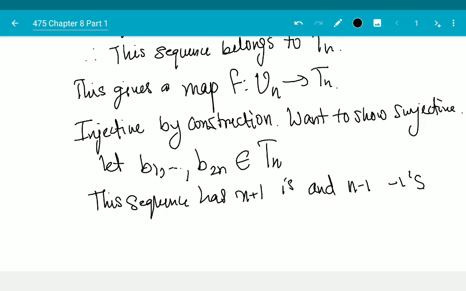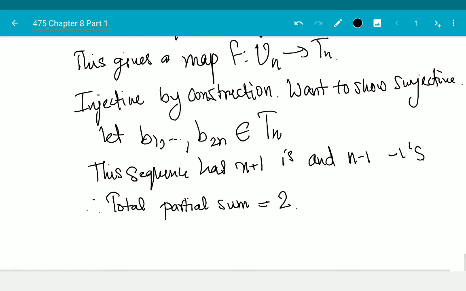So the total partial sum is equal to 2, right? So what we want to do is, as I was saying when we created the map, when I'm inverting, the first time that my partial sum is negative, that would be the first time my partial sum is positive.